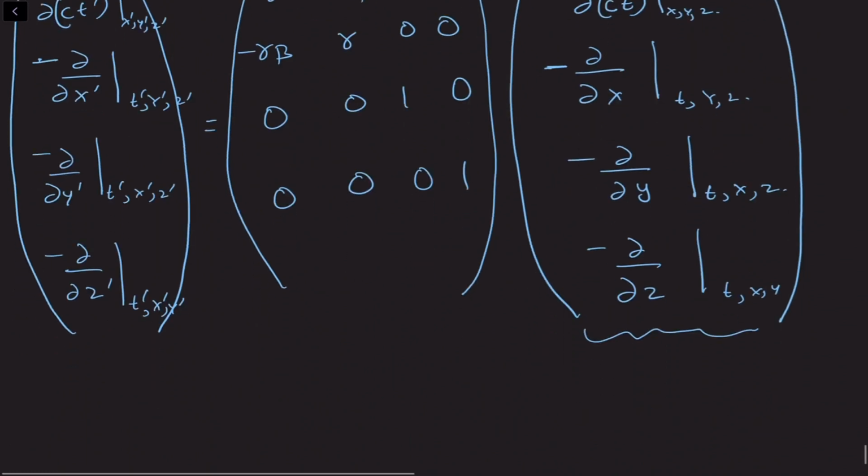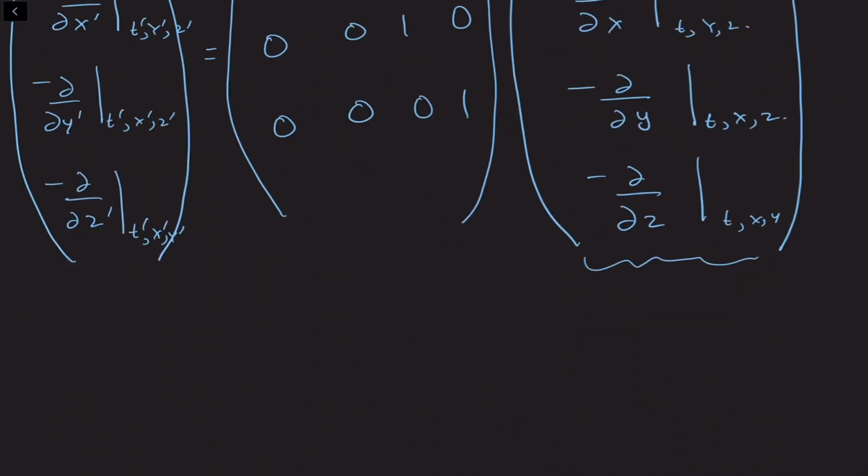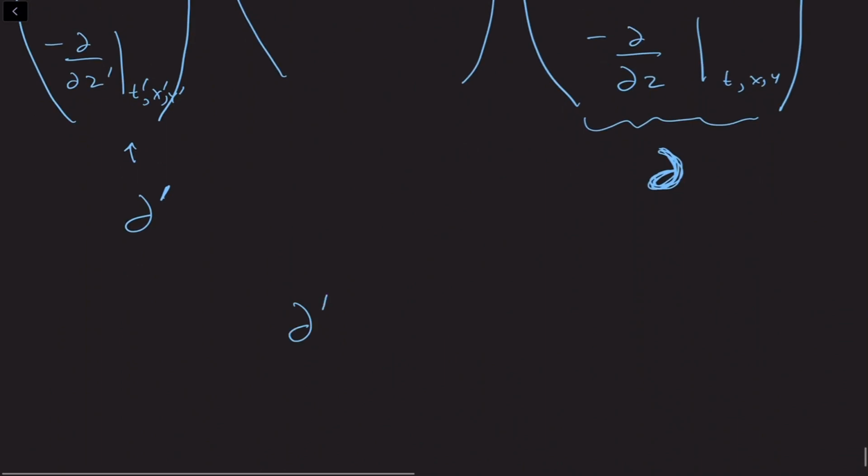So again, if we call this 4 vector partial, okay, so we just in shorthand denote it as partial, where this represents a 4 vector, and this is the 4 vector partial prime, then again partial prime is related to partial through this matrix lambda.